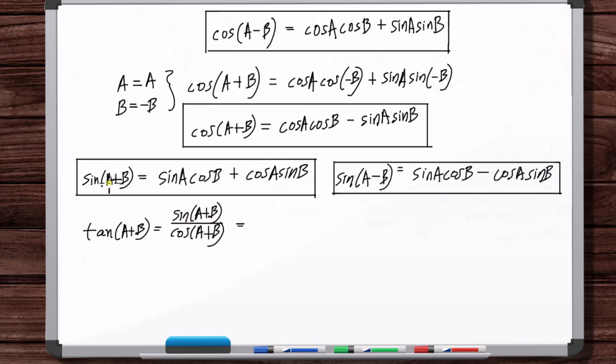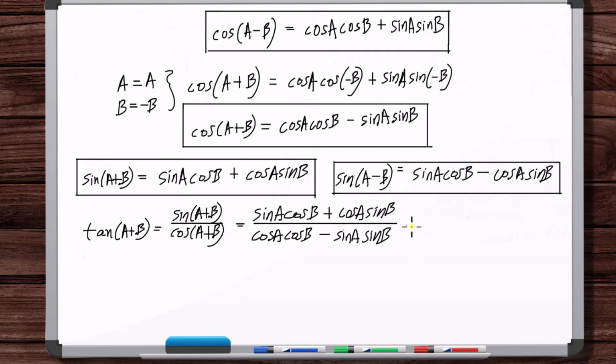All right, now let's write out sine of a plus b using the sum identity for sine: sine a cosine b plus cosine a sine b, and then cosine of a plus b is cosine a cosine b minus sine a sine b.